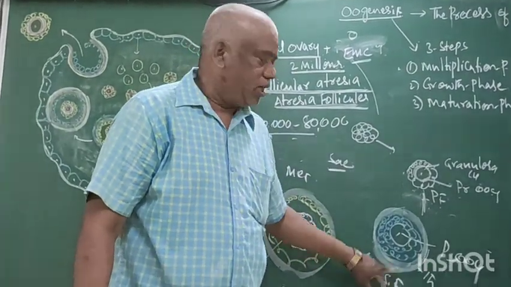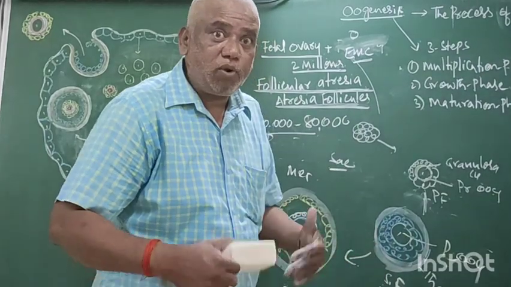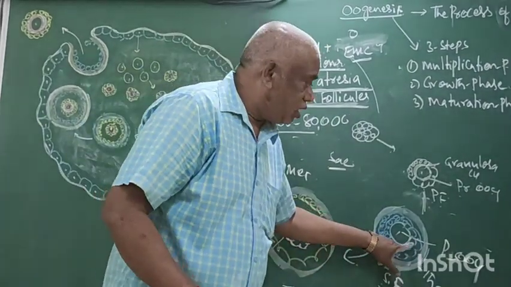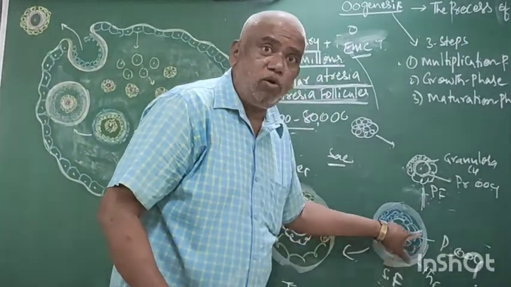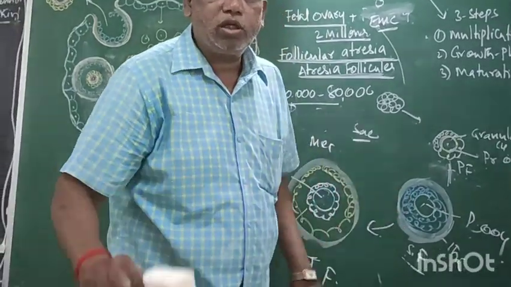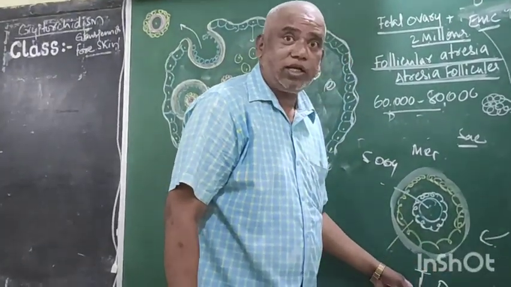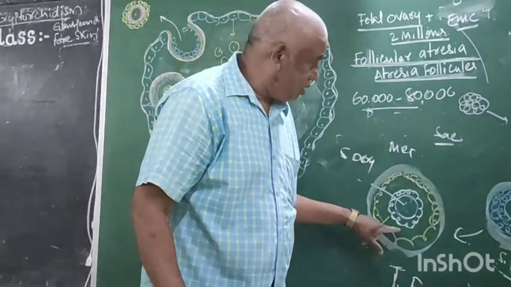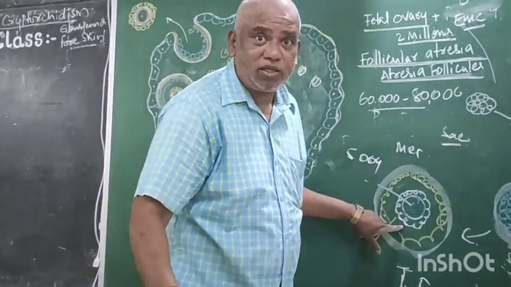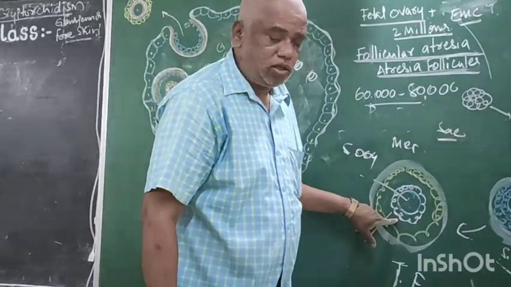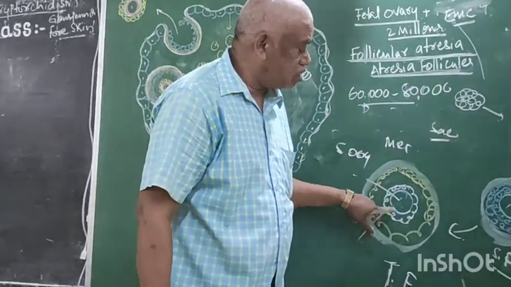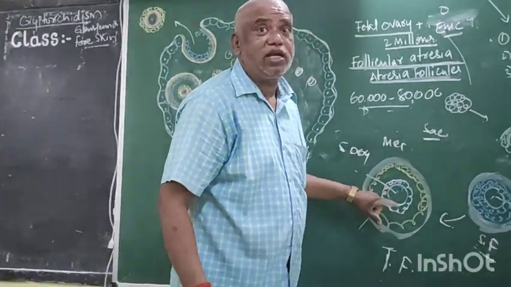In this secondary follicle, again the primary oocyte is covered by inner granulosa, outer granulosa, and theca. So, it is also finished. The next one: tertiary follicle. Presence of theca and antrum is the character. Now it is a secondary oocyte.